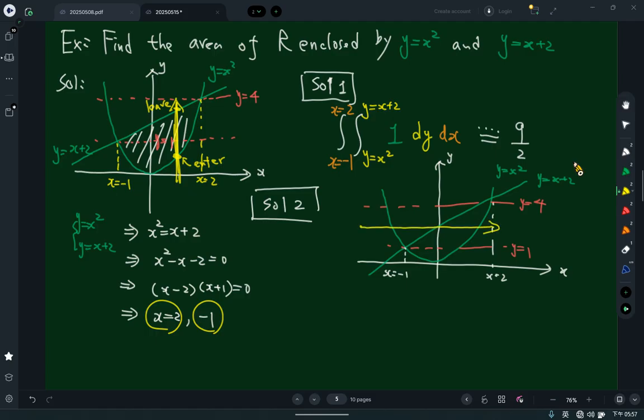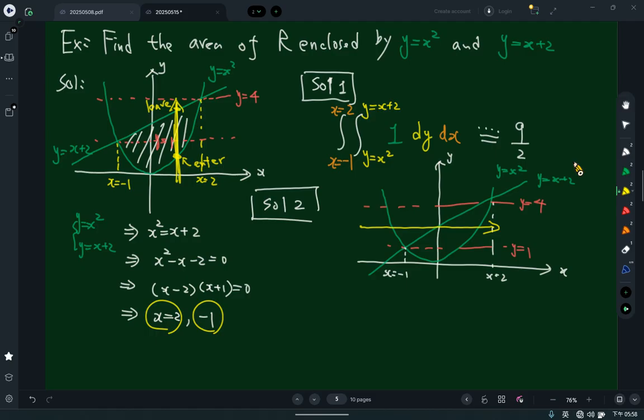But you can just notice that here we will enter at the left part of y is equal to s squared, then leaving at the right part of y is equal to s squared. But if you lower the ray here, we enter at this point and leave at this point.